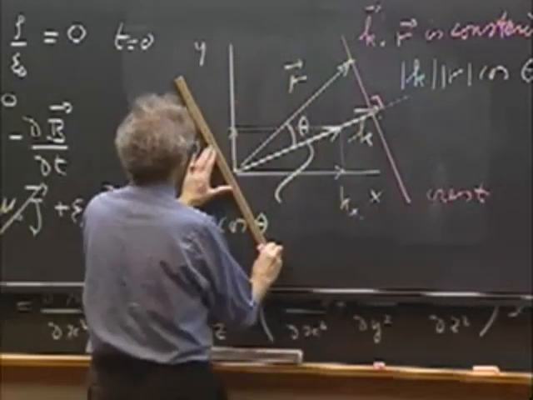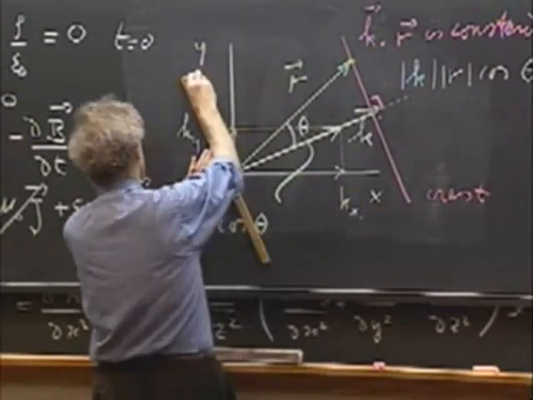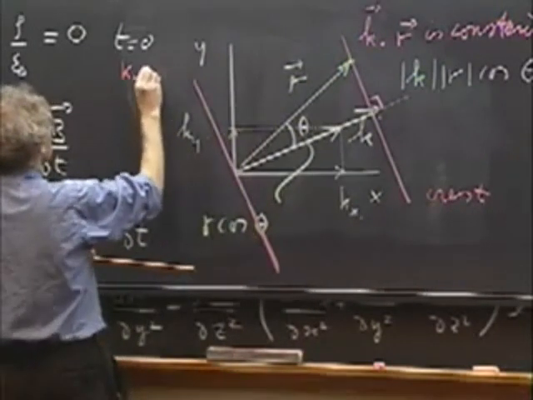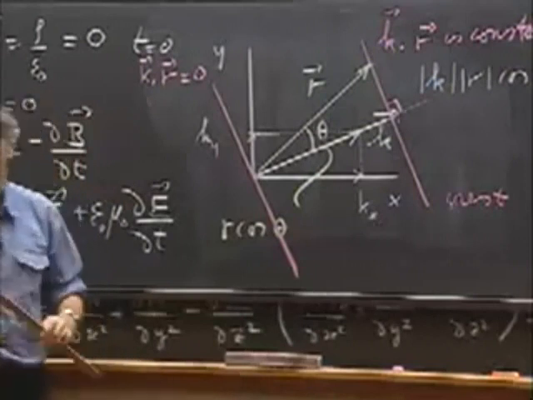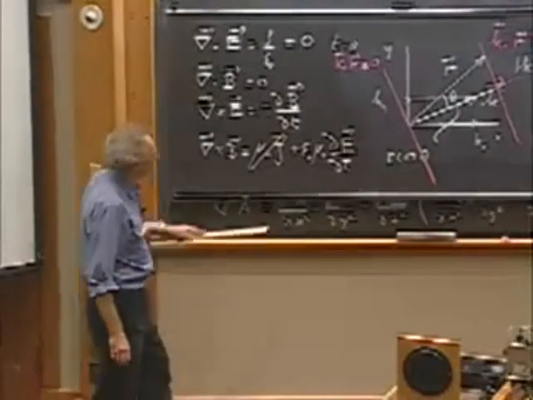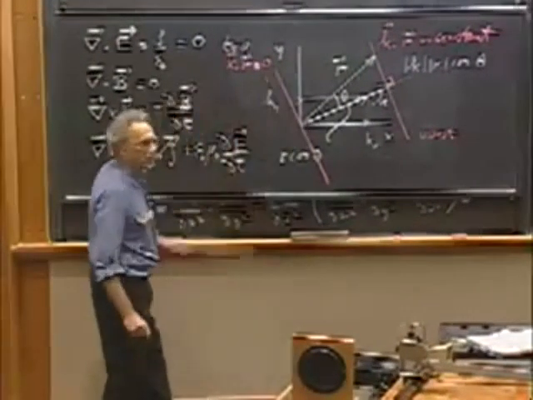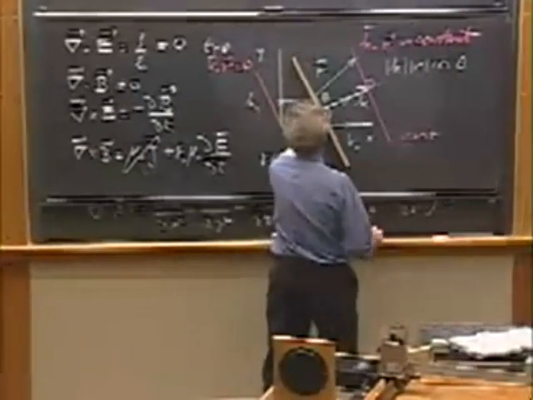And here, I draw another line perpendicular to r. So here, k dot r is 0. The dot product is 0. r is perpendicular to k. So this point, I will also assume that the E vector here is a maximum pointing in your direction. And then there is one here.